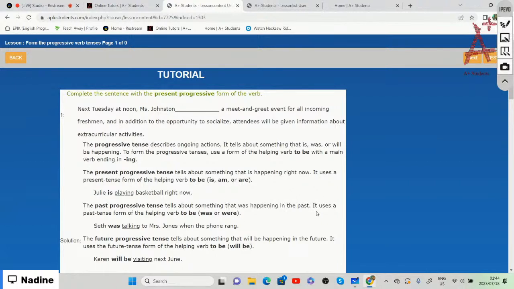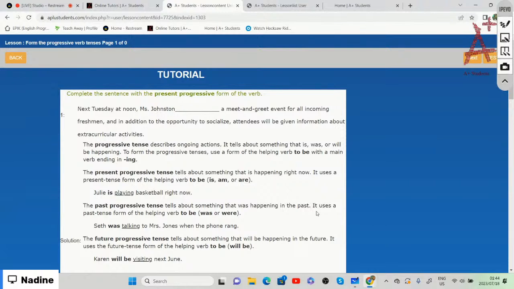Then we have the past progressive tense, which tells about something that was happening in the past, where we use words like was or were. Was refers to one person or thing, and were refers to more than one person or thing doing an action.